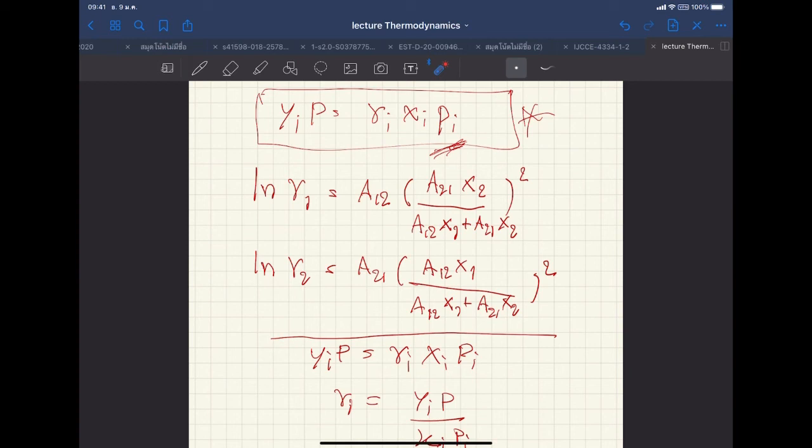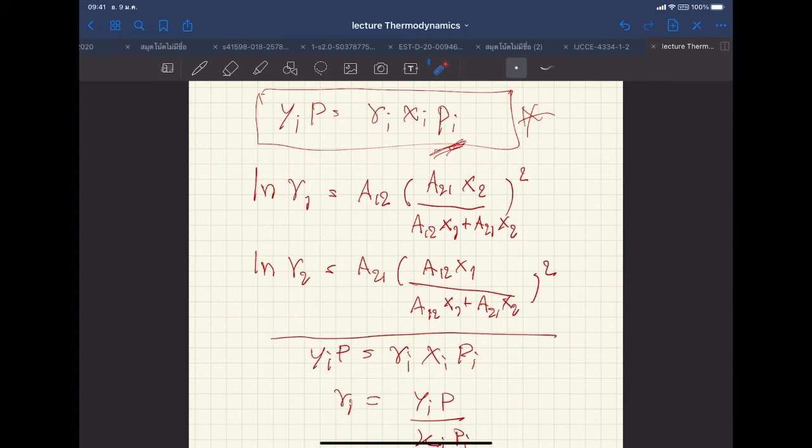And because the temperature is already defined, we can calculate the saturated vapor pressure of the pure component using the Antoine equation. So we know gamma i, xi, Pi. Our unknowns are yi and P.